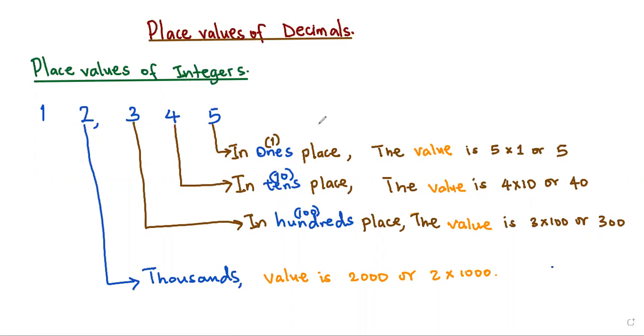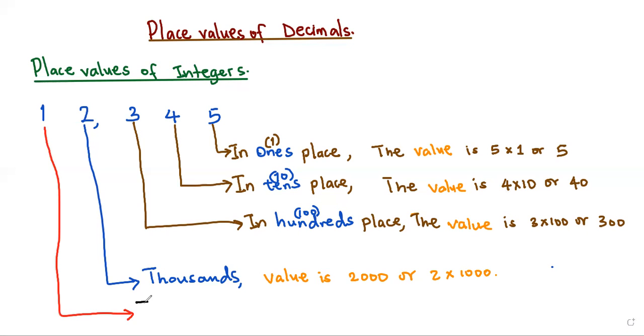Now, who can tell me the place value of 1? Ten thousands. That's great.